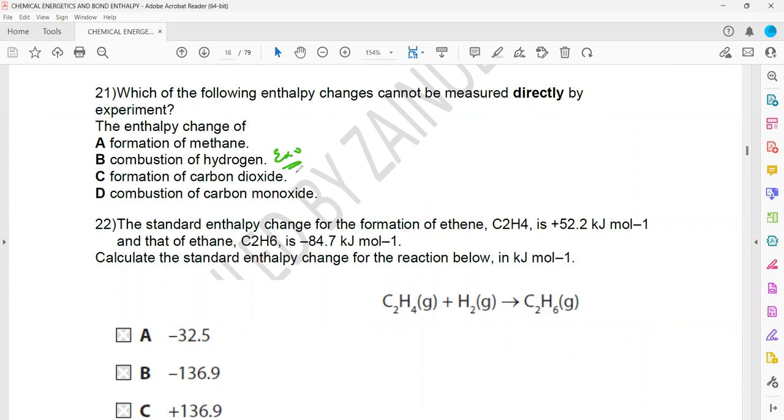Formation of carbon dioxide is basically burning of a fuel, which is also exo. Combustion of carbon monoxide is also exo. So obviously this will be endo formation, and this cannot be measured directly. For exothermic reactions, reactants form products, releasing energy, so we just measure the amount of energy released using water and work out the enthalpy change of the reaction.